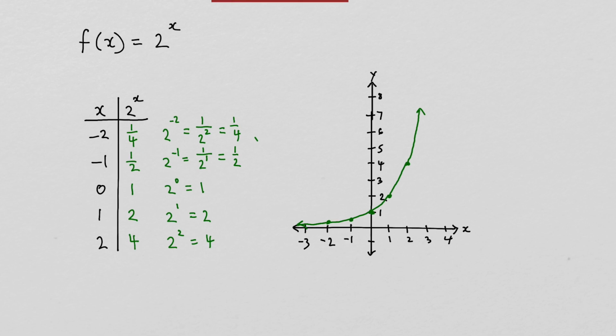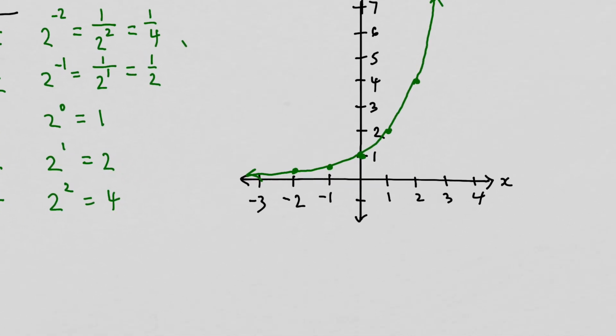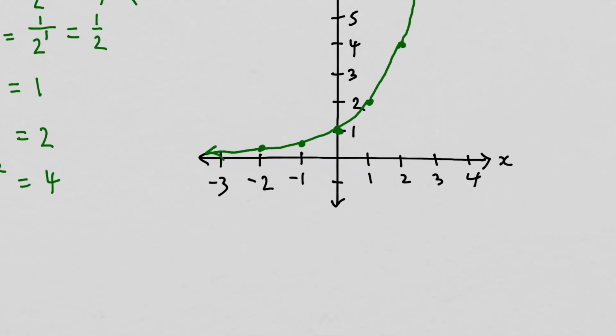Now I'm going to go ahead and zoom in and focus in on this graph for a minute, and you'll see that as this graph gets closer and closer to the x-axis, as it moves further to the left on the x-axis, it actually will never touch the x-axis, but it is approaching the x-axis.